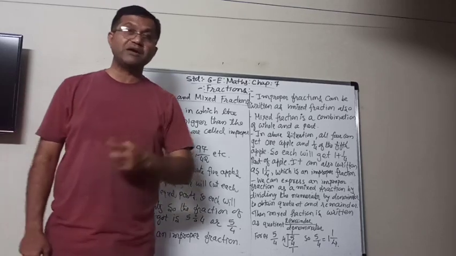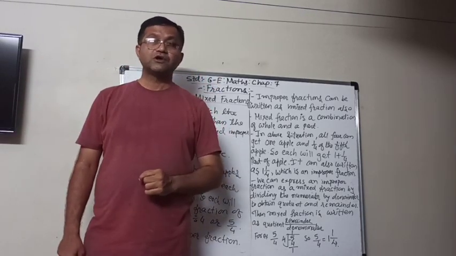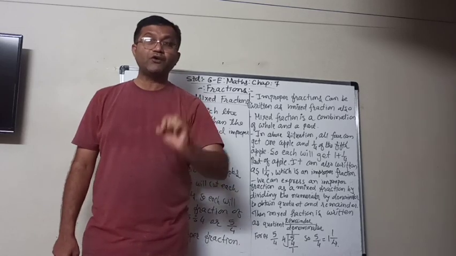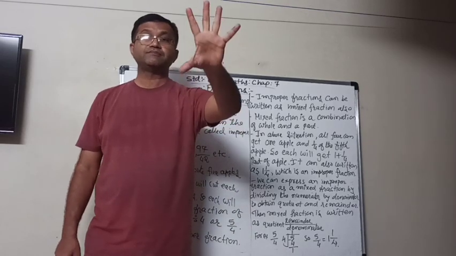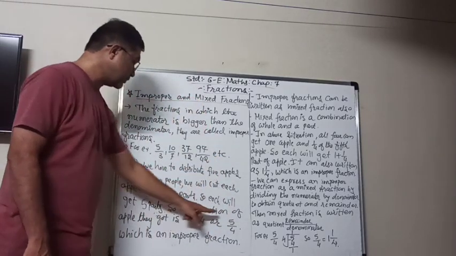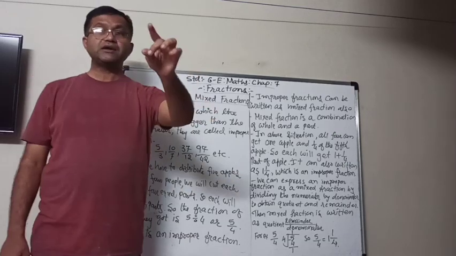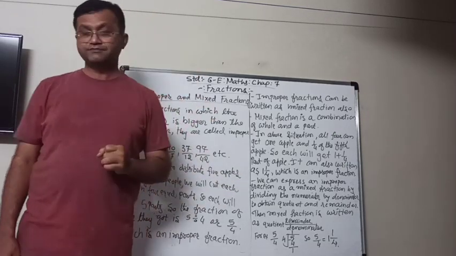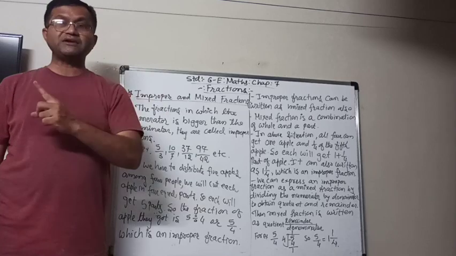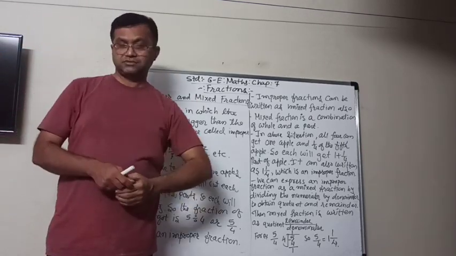But how many parts do we make from one whole? Only 4 parts. So in the denominator we have to write 4, but in the numerator 5. 5 divided by 4, or 5 upon 4. Because they get a part from each apple. There are 5 apples, so each one will get 1/4 of each.